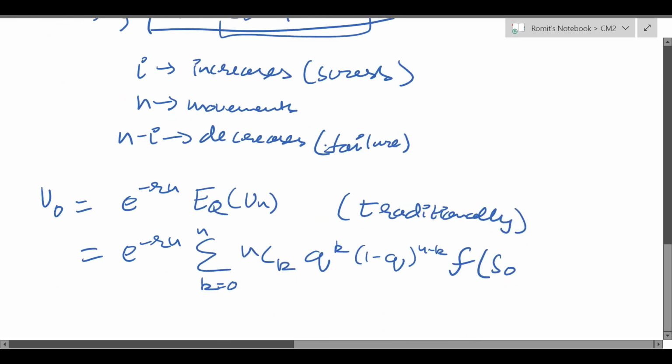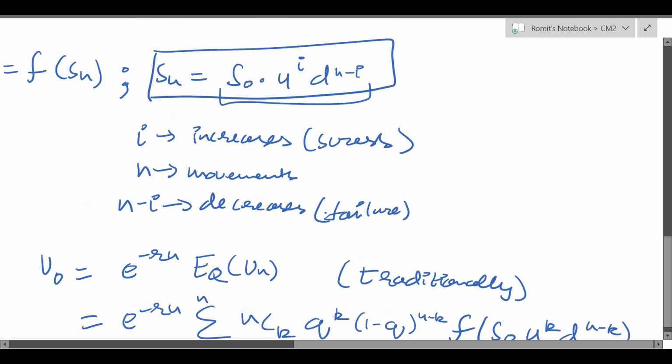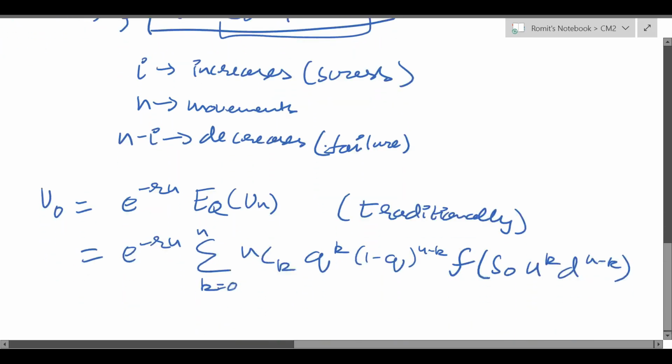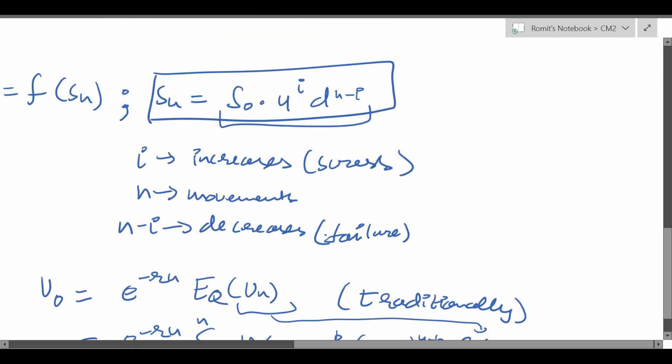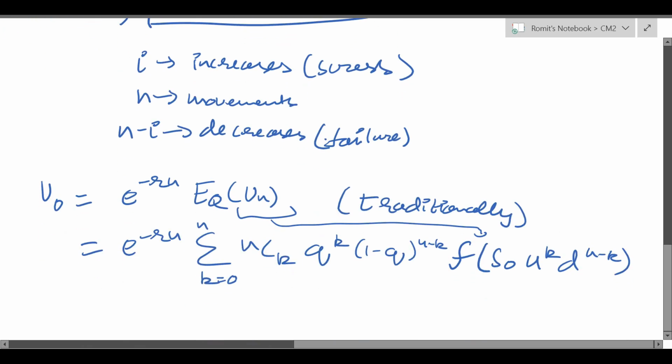You started with S0, but you had k increases and d to the power of n minus k, n minus k decreases. What I have done essentially here is, instead of this Vn, I have substituted it with f of Sn, and Sn I have written using this expression. It's just that I has been replaced with k because that's the number of increases.